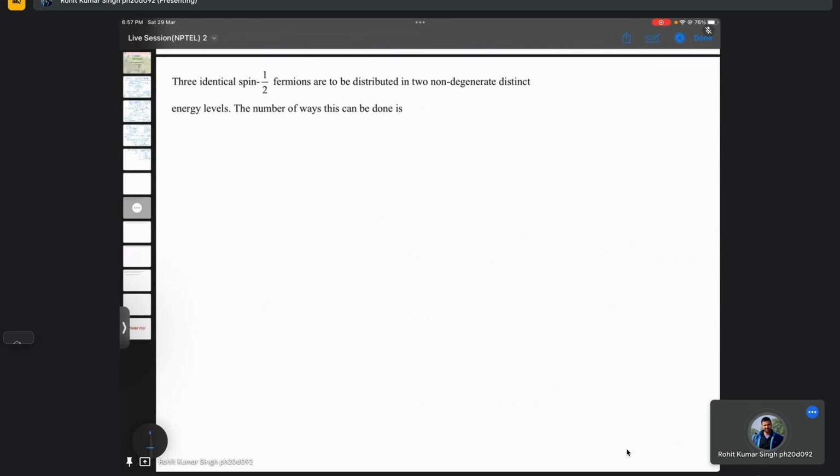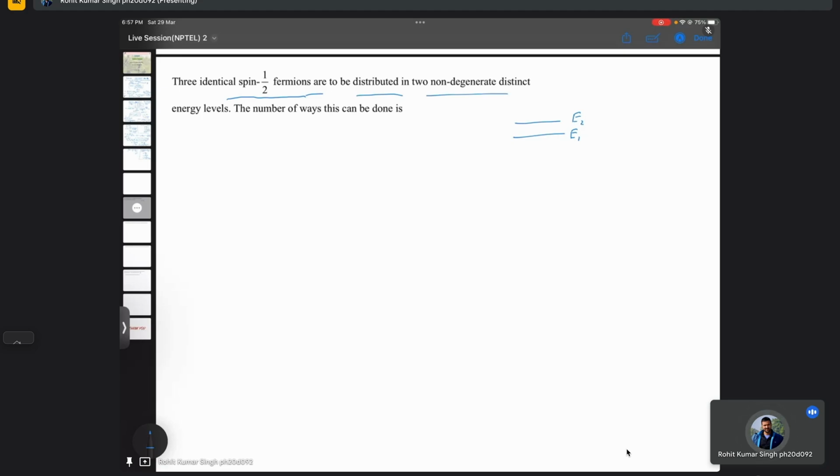Okay, so this is to understand the degeneracy. What does this G factor mean, basically? So suppose there are three identical spin half fermions, and we have to distribute them in two non-degenerate distinct energy levels. So suppose there are two energy levels, E1 and E2, and you have three fermions.